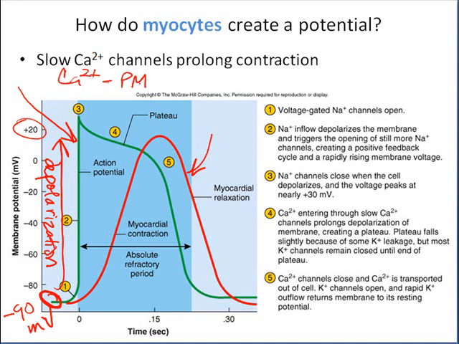When that little bit of calcium rushes in, it triggers the sarcoplasmic reticulum inside of the myocyte to release even more calcium. So a little tiny bit of calcium from outside of the cell rushes in. That little bit of calcium then binds to gates on the sarcoplasmic reticulum and triggers the release of a whole lot of calcium inside of the cell.